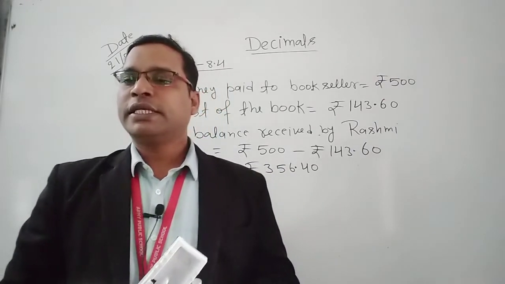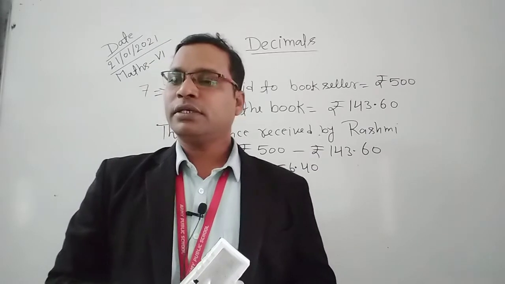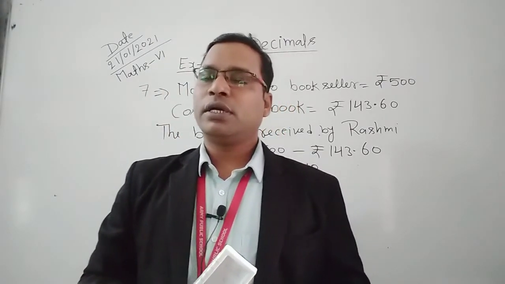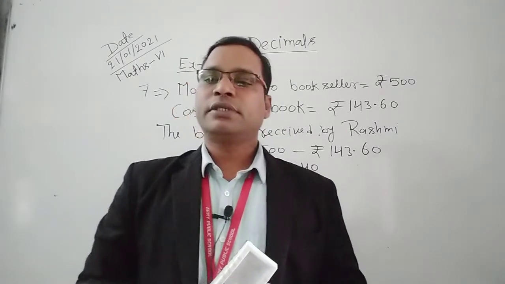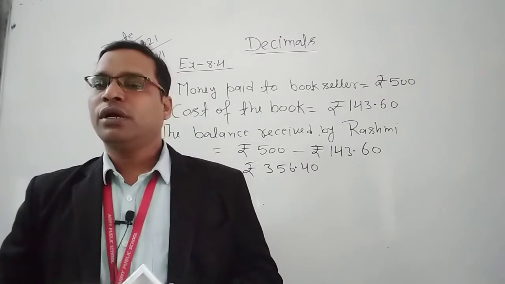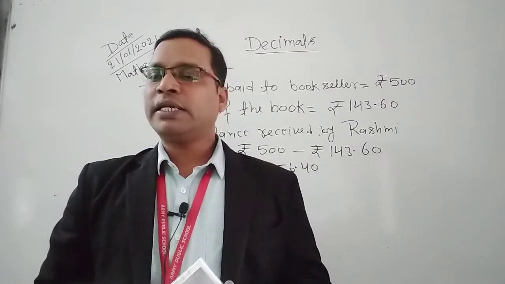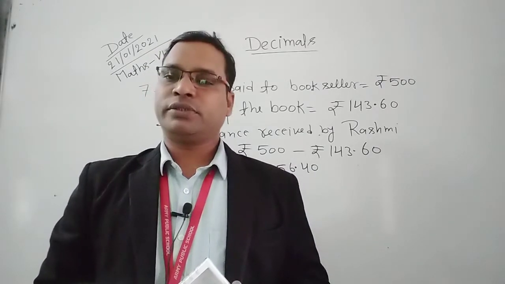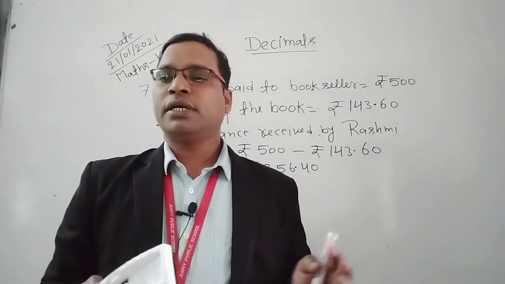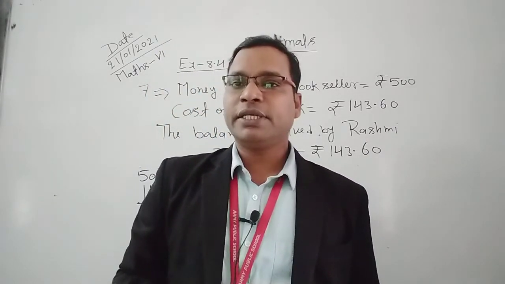Out of this, 3 kg 500 grams is onion, 2 kg 75 grams is tomatoes, and the rest is potatoes. So what is the weight of potatoes? First, the total weight of vegetables is given here.